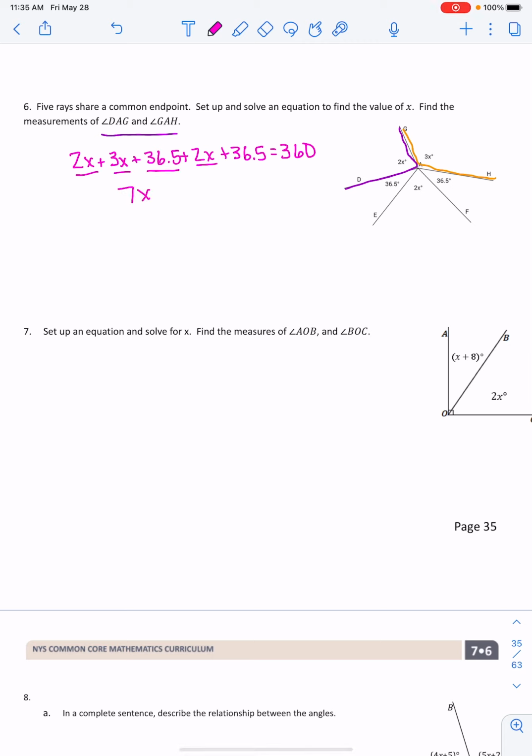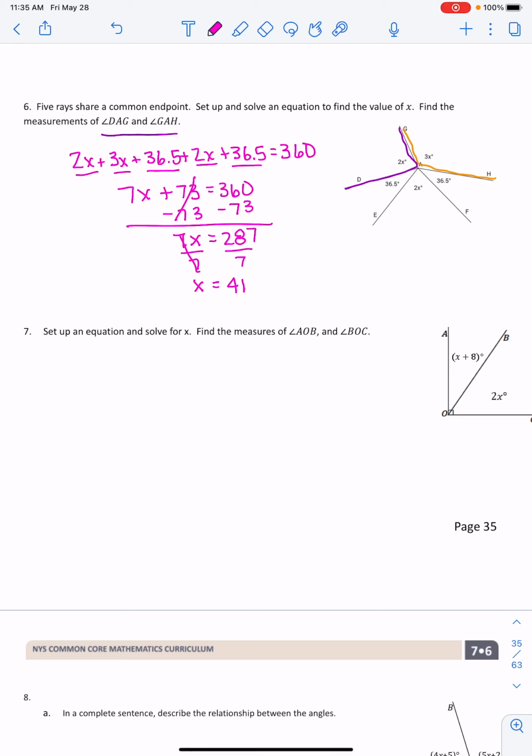And then when I add these two together, plus 73, and all of that's going to equal 360 degrees. So then I'm going to subtract 73 from both sides. And I have 7x equals 287. And then I'm going to divide both sides by 7. And x is going to equal 41.